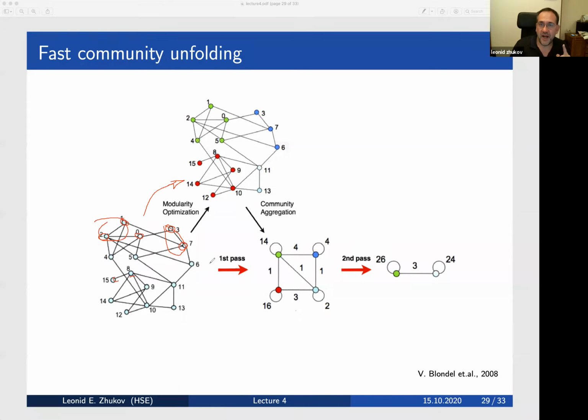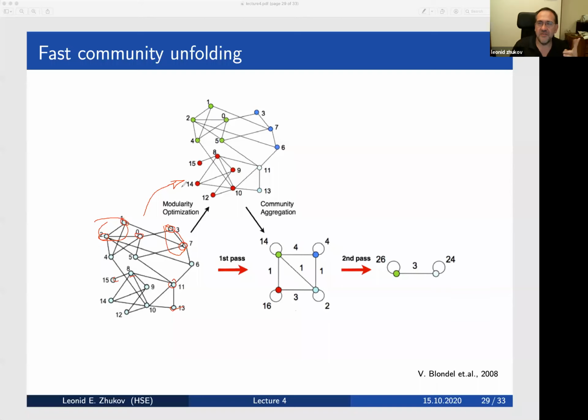Now, if I go in a different order, if I start with these nodes, for example, I might actually get a different distribution of communities. Because remember, the algorithm is greedy. It doesn't find you the ultimate truth or the optimal result. On every step, it just takes the step that maximizes modularity, and in this case, a step is joining nodes into a community.